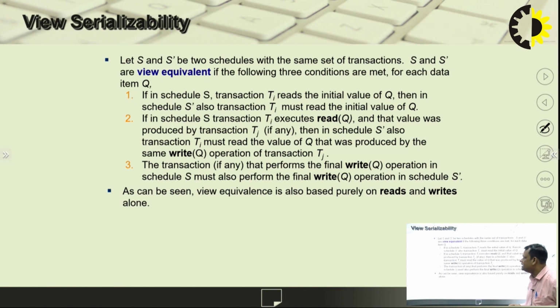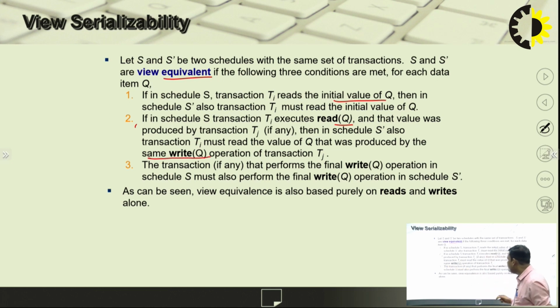View serializability. There are two types of serializability: conflict serializable and view serializable. View serializable means three conditions. If in schedule S transaction Ti performs the initial read of any data item Q, and T1 executes the read operation, the value of the data item is the same.